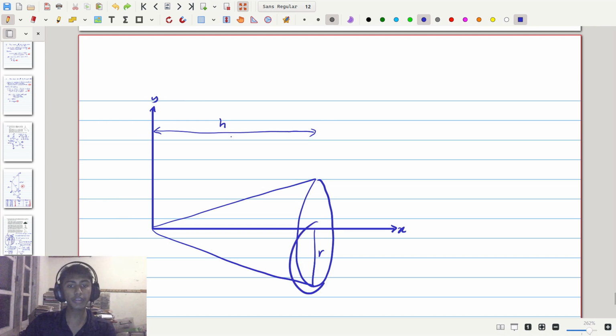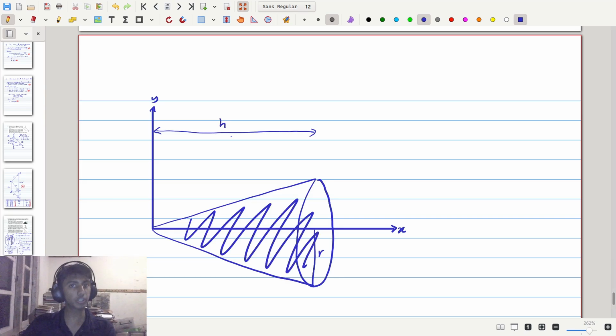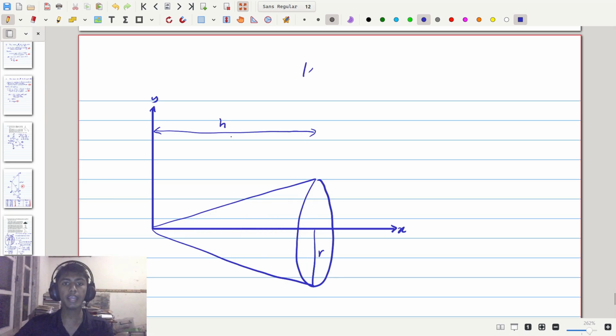I also assumed a radius of r here, and we're going to start this question by saying the density is a certain value. But here, since we have a solid cone, the volume is actually what's important. So therefore I'm going to say let sigma be not the mass per unit area, but this time the mass per unit volume.